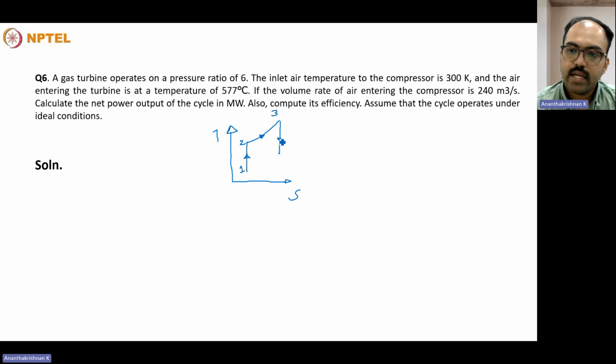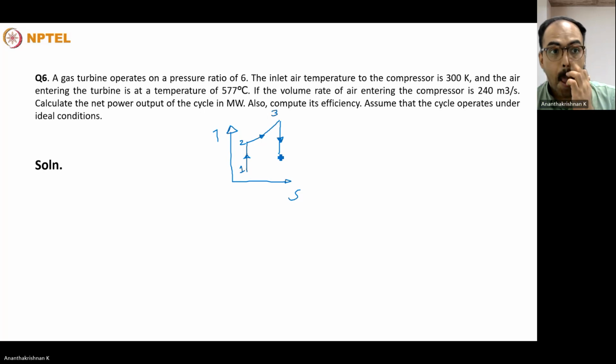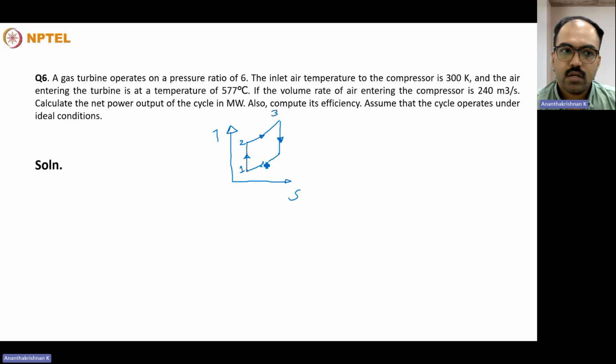Then an isentropic expansion, followed by constant pressure heat rejection. So we have to determine the efficiency of the cycle.